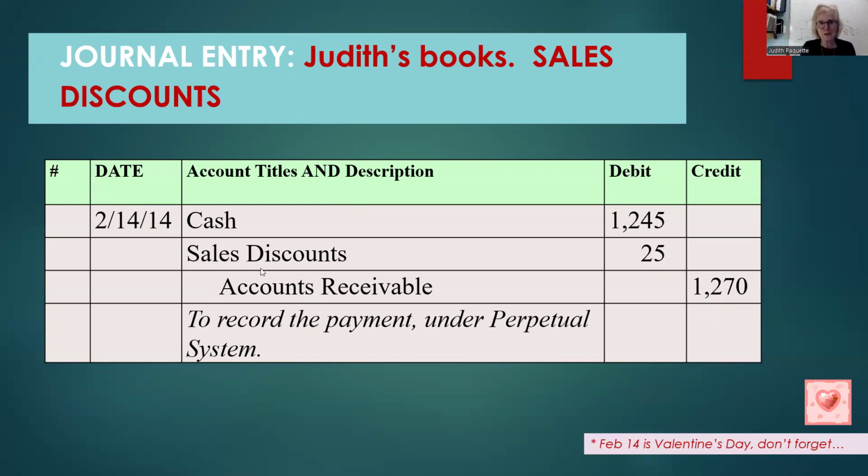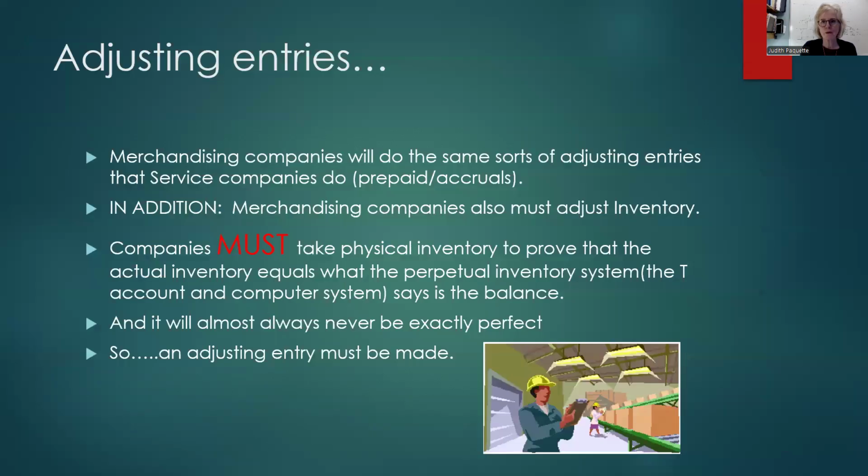That also reduces sales. Think about it: we made sales of 1,400. We had a return of 130, which lowered our sales. We had a return of 25, which lowered our sales again. Okay, let's stop there.